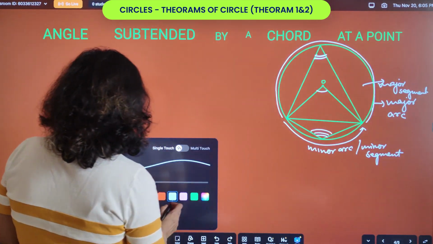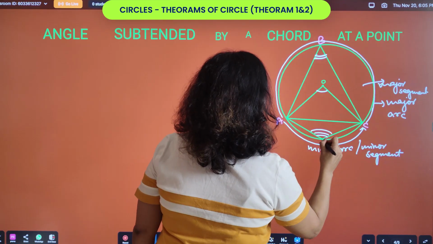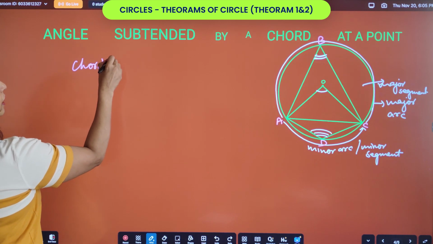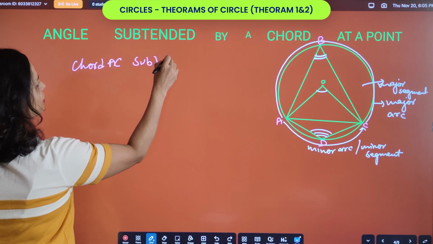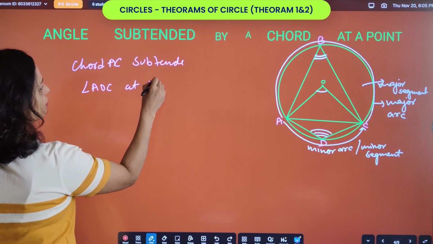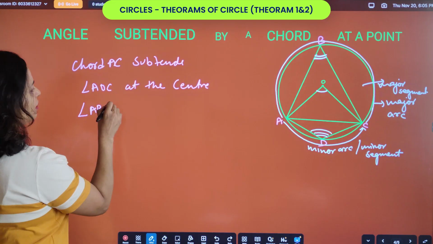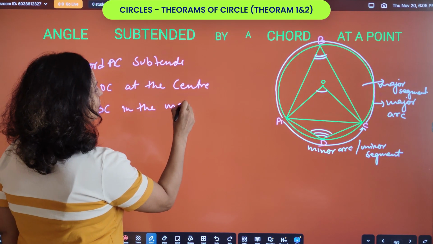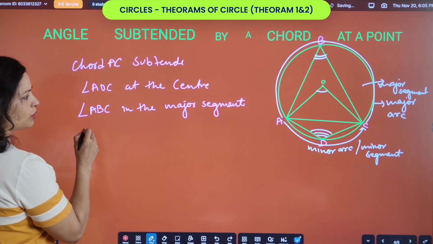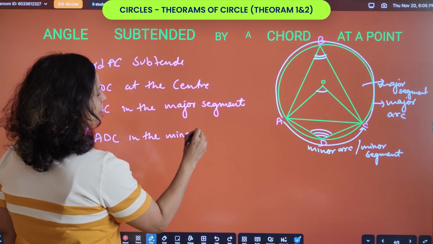Let's name this as A, B, C and D. Here you see the chord AC subtends angle AOC at the center, angle ABC in the major segment, and it also subtends angle ADC in the minor segment.